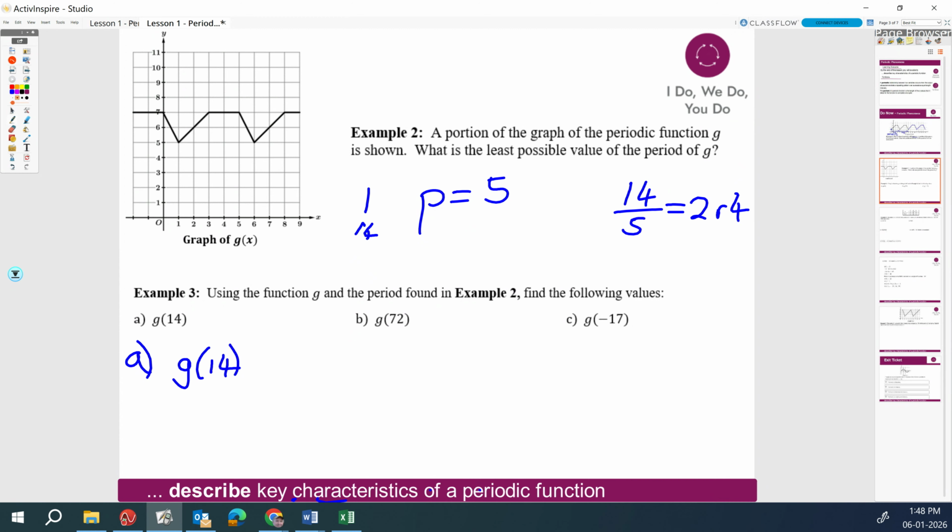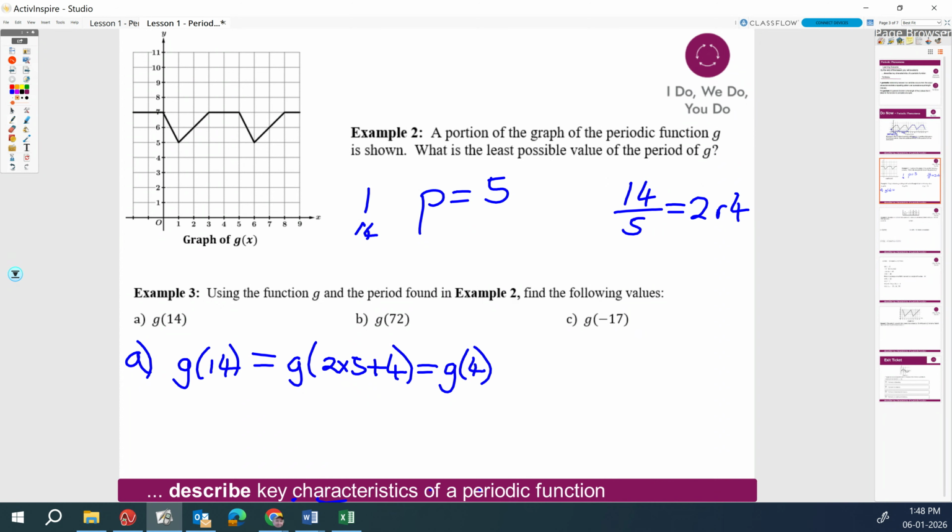So if we divide 14 by 5, we can say that this is equal to 2 lots of 5, remainder 4. And we can take all of the integer multiples of the period away, leaving us with just 4. So g of 14 is going to have the same value as g of 4.